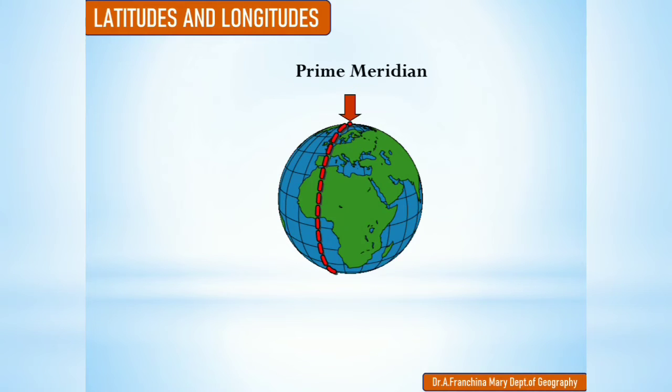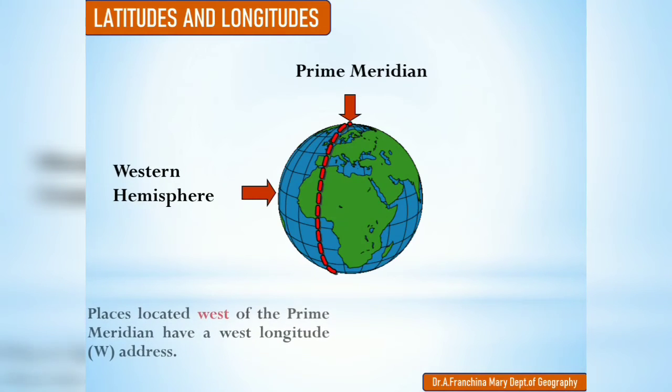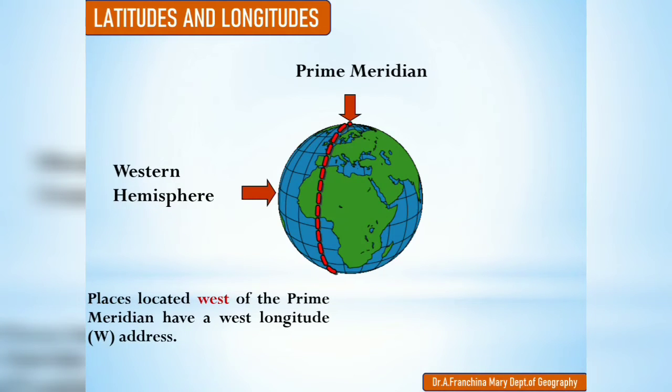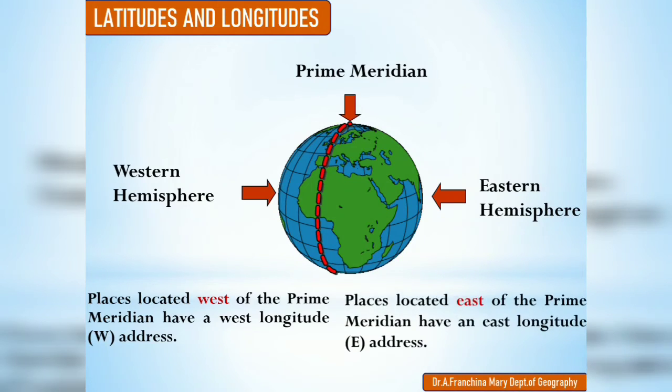The prime meridian 0 degree and the 180 degree lines divide the earth into two parts. One is the Western Hemisphere. Places located west of the prime meridian have west longitude addresses. Next one, the Eastern Hemisphere. Places located east of the prime meridian have east longitude addresses.